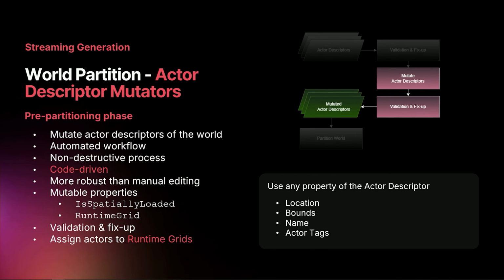A common use case for actor descriptor mutators is automatically assigning actors to a runtime grid based on criteria such as the actor location, bound, name, actor tags. In fact, any combination of actor descriptor properties can be used here. So for us as game developers, the mutators allow us to answer the question of the world composition.